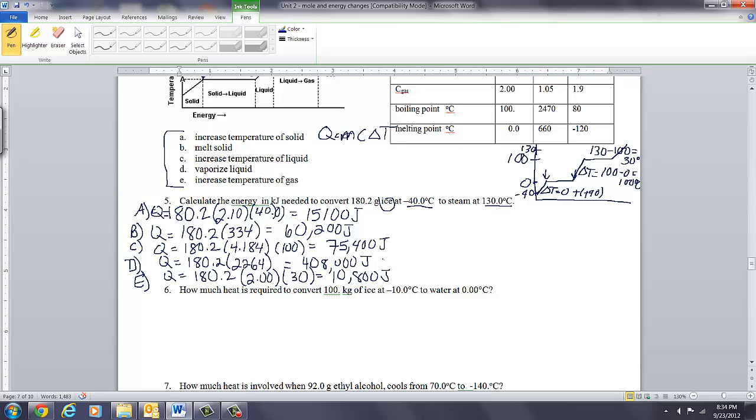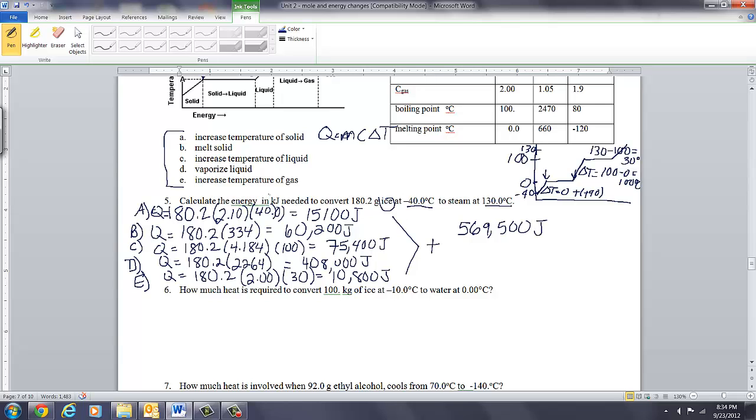So now I have all of these components, but I want to know totally to go from the beginning to the end. Take these and add them all together. 15,100 plus 60,200 plus 75,400 plus 408,000 plus 10,800. So you add all of that together and you get 5,609,500 joules.